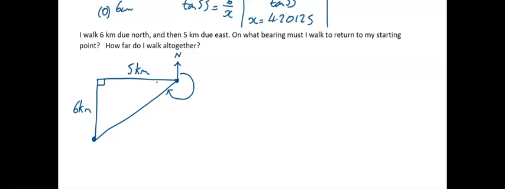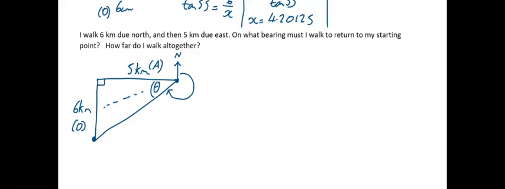Now what we could do is call this angle in here theta, and we can use our properties of trigonometry to find this angle in here theta. Once you know theta, then you can calculate this whole angle in here. So to find theta, first of all, let's label this relative to theta. This 6 is the opposite side, and this 5 is the adjacent side.